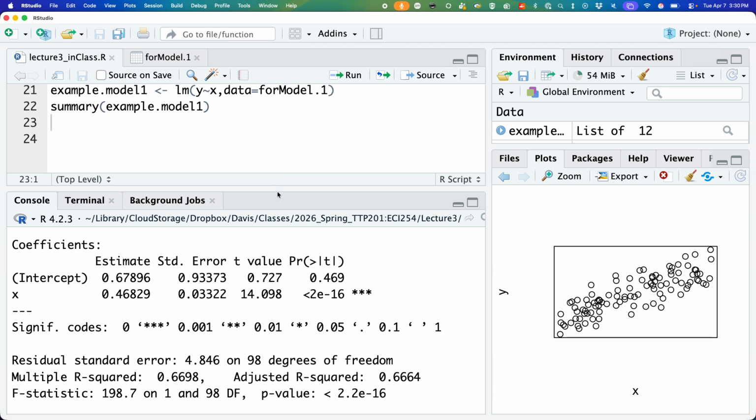Jumping back to our model results here, we have our coefficient estimates, and now we have these standard errors. Let's think about the application of what we just talked about to this particular estimate. It is saying that you can think about our guess of the slope as having a distribution, okay?